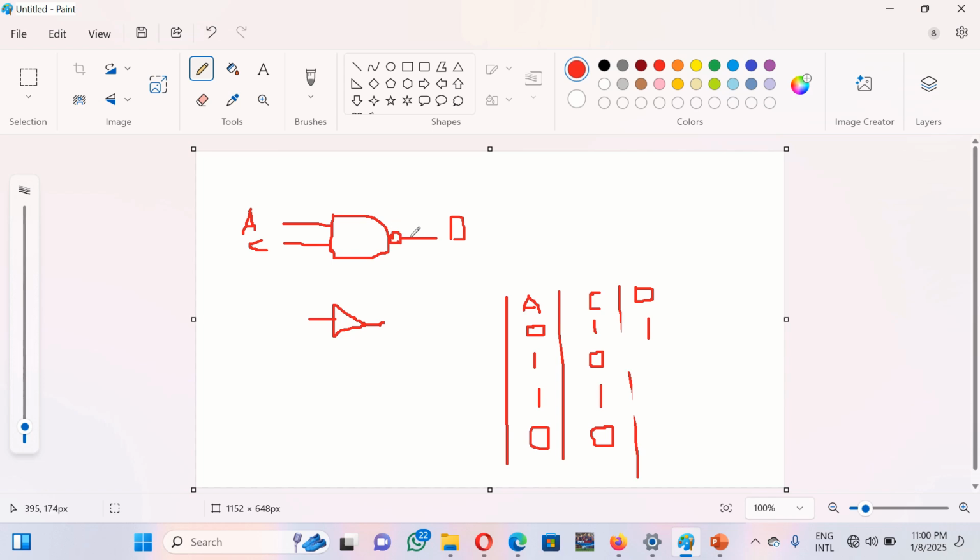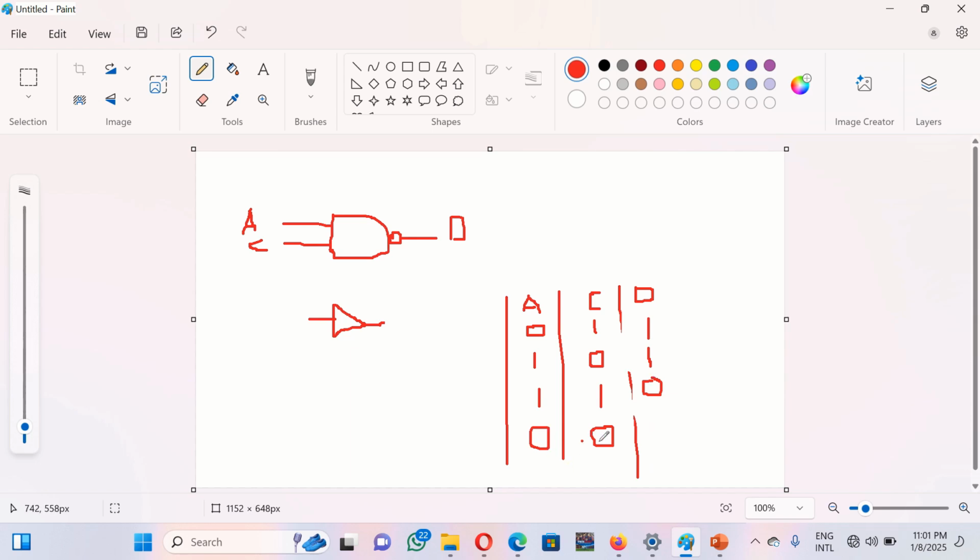When a NOT gate is attached to the AND gate, it converts the output of the AND gate to the opposite. So 0, 1 is supposed to give 0 for an AND gate, but the NOT gate will change the 0 to 1. The same thing applies here. 1 and 0 is supposed to give us 0 for the AND gate, but here the NOT gate gives the opposite. For 1 1, the AND gate should give 1 as the output, but the NOT gate will change that 1 to 0.